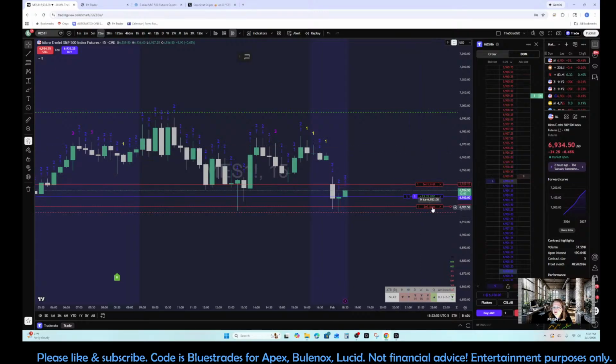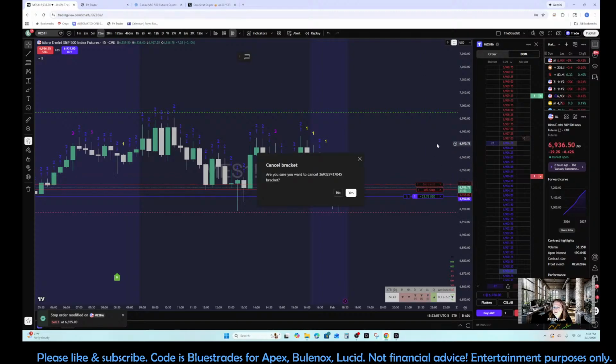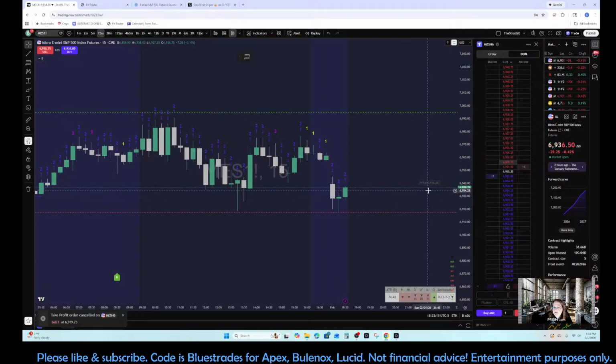Now what you could do is drag your stop in profit, right? So you're going to be in profit as the trade moves to where you want it to go. So we could do this. We can remove that sell limit, and now my stop would take me out if it comes back.